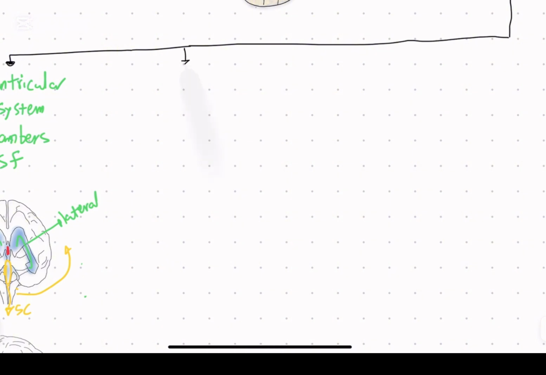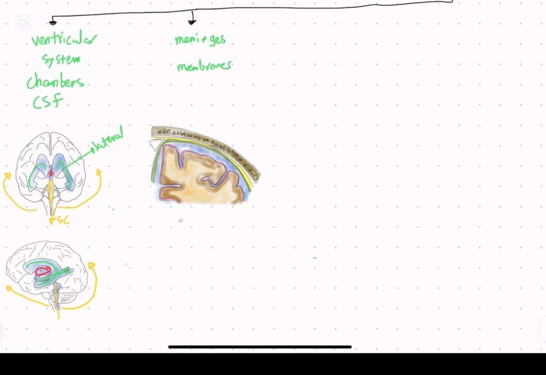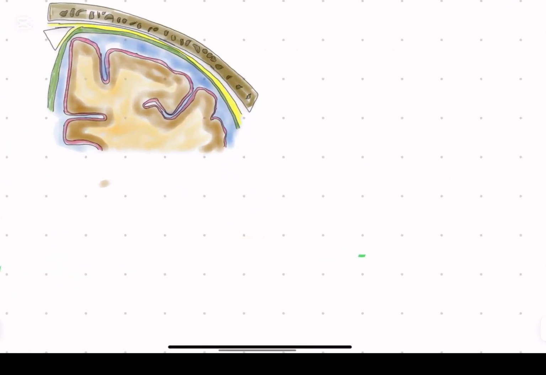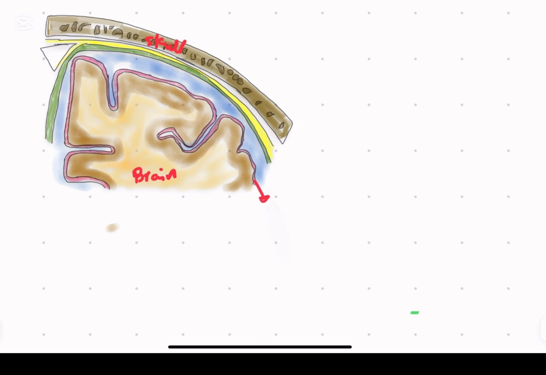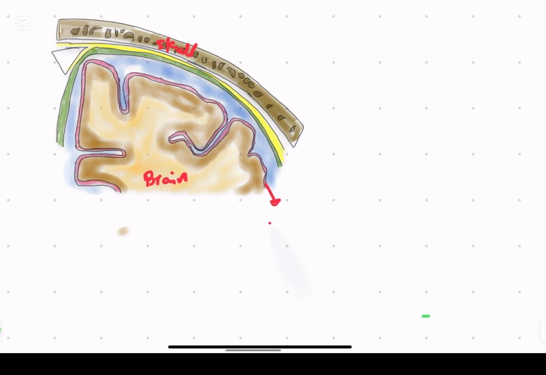The second feature is known as the meninges. The meninges are multiple layers or membranes that cover both the brain and the spinal cord. It is composed of three layers and we can see it in this drawing. So in the middle we have the brain and the outer part is the bone of the skull. The first layer that is attached directly to the brain tissue is known as the pia mater.